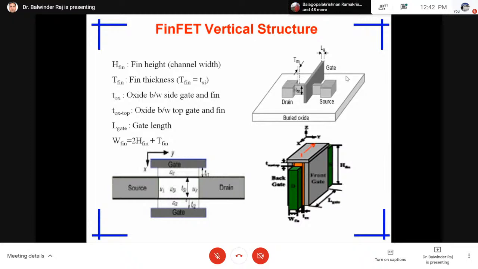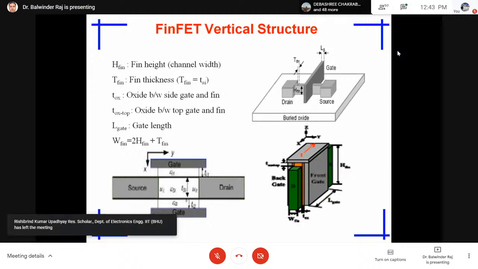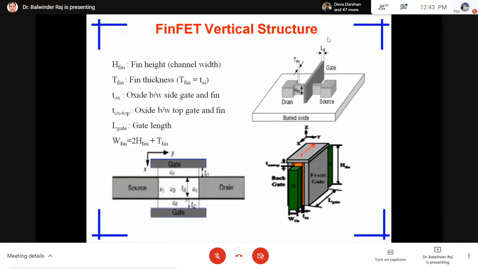The etching process cannot be controlled very precisely to make the channel exactly 30 nanometer or 20 nanometer. Sometimes the etching process may take a little longer time and cover a longer area, and this spacer length can be increased or decreased accordingly. So that's why we mention LG differently from the effective channel length. Effective channel length is different from the actual channel length available in the device.